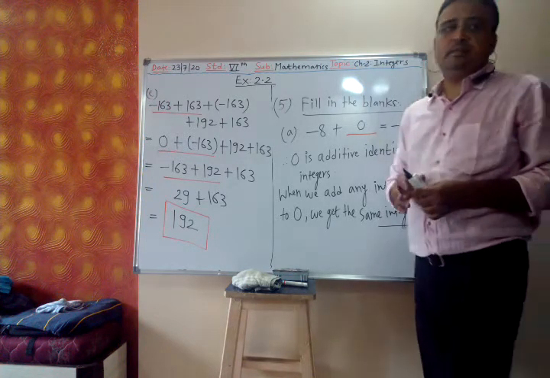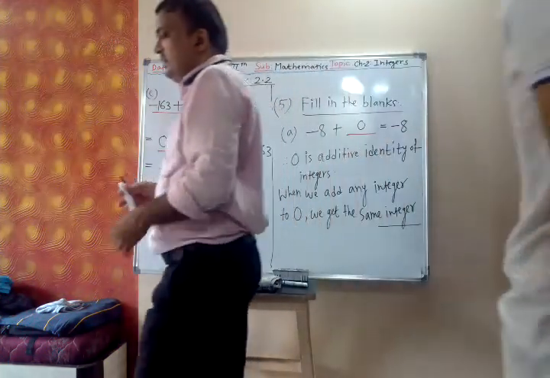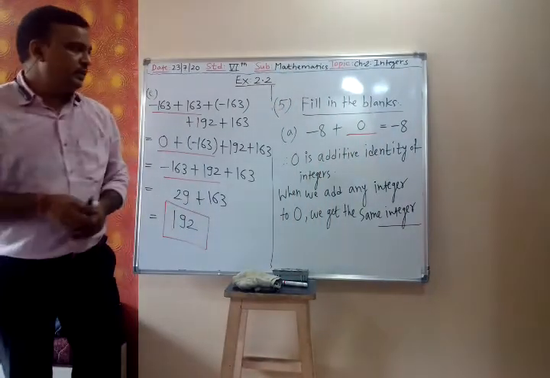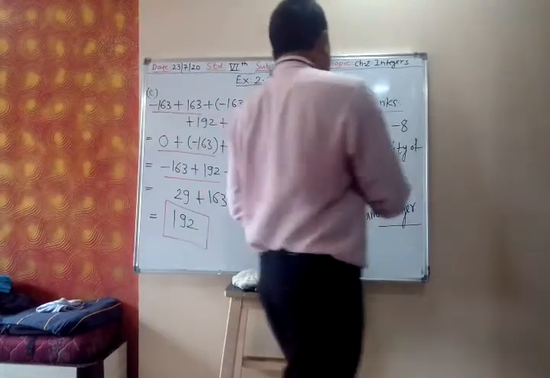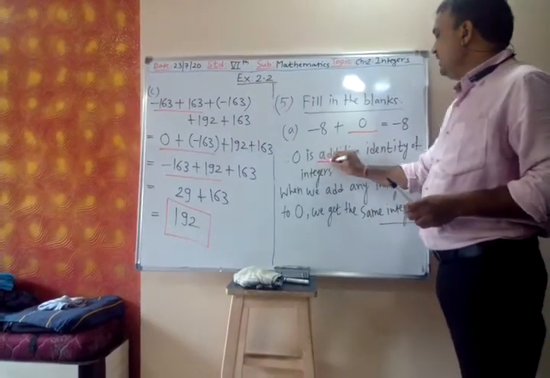So this you have to remember: 0 is the additive identity.